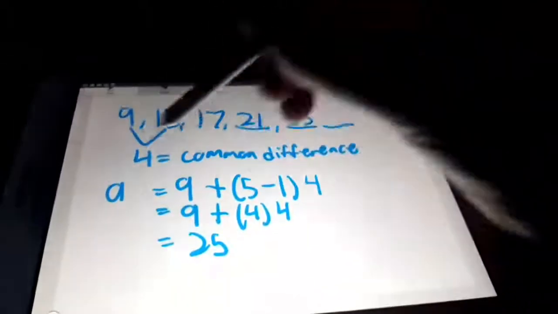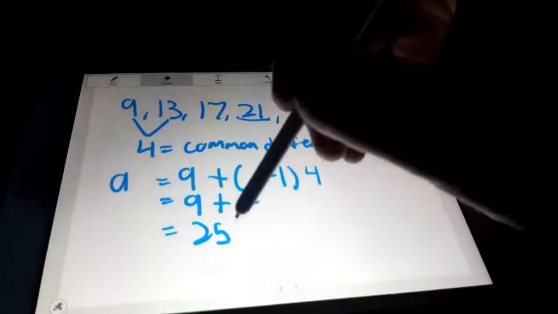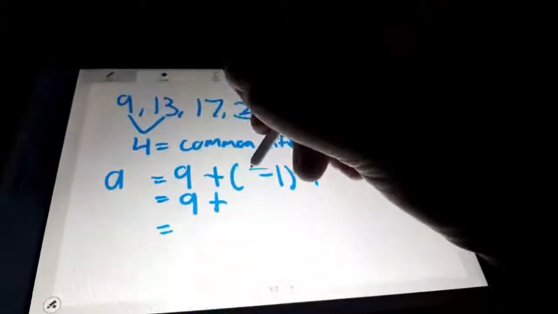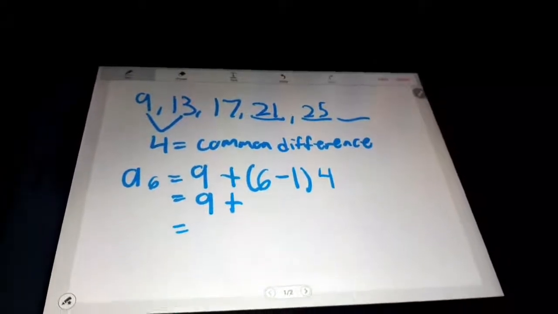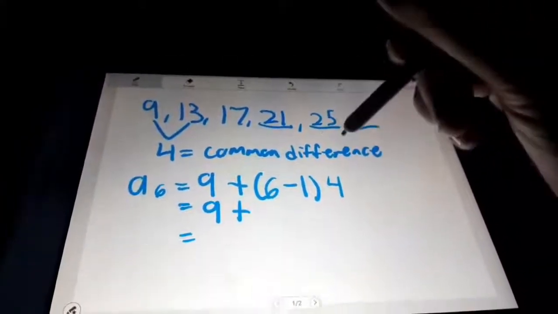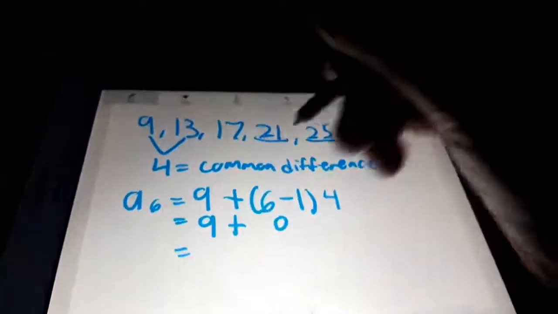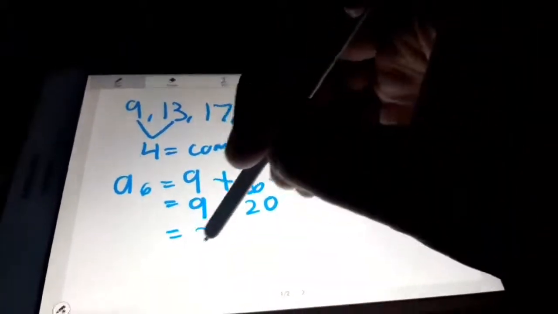Last is the sixth term. So 6 minus 1 is 5 times, tapos times 4 is 20. So 20 plus 9 is 29.